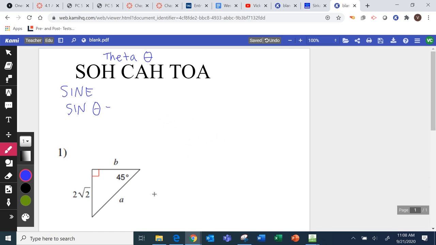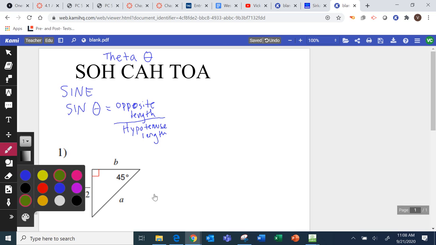We always find the sine of the angle by putting the opposite side length over the hypotenuse. So sine is opposite over hypotenuse.